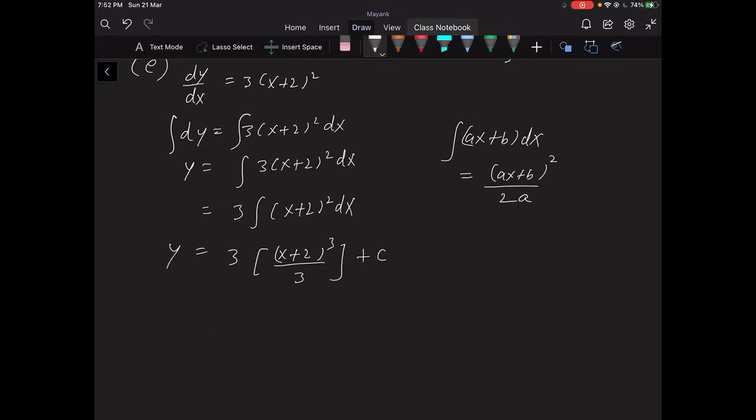Right? Yes. And then you just plug in the values, 8 and 0. We'll be left with 8 into 8 by 3 plus c. So c turns out to be 0, which means y is simply x plus 2 whole cube by 3. Okay. X to the power 1 by 3.